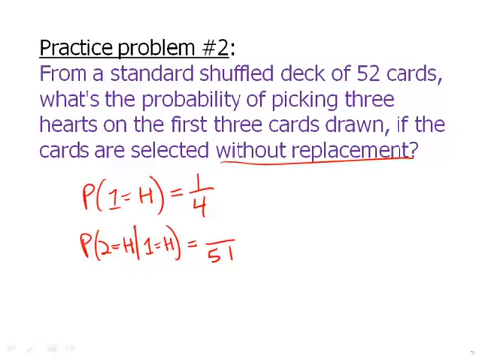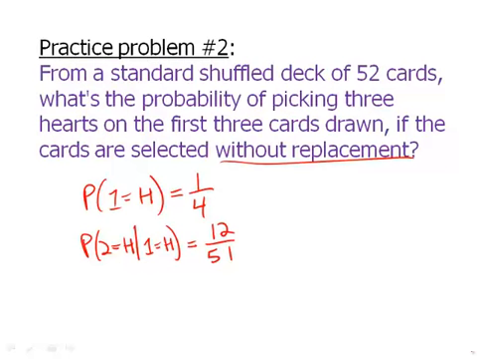So now we're only left with 12 hearts. So 12 of those 51 cards are hearts. So that's a probability of 12 over 51. So notice it's a different probability from the first one because we're selecting without replacement. These probabilities are not independent, and what happens on the first outcome changes the probability on the second outcome.